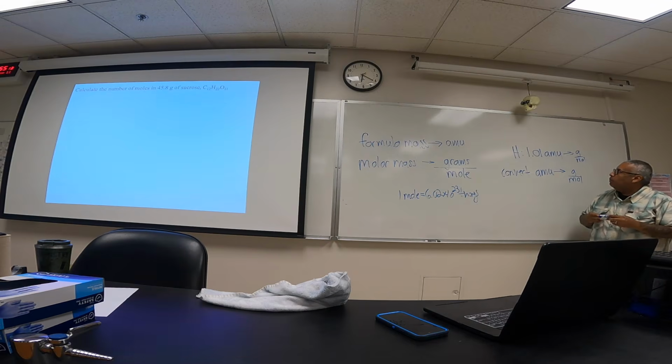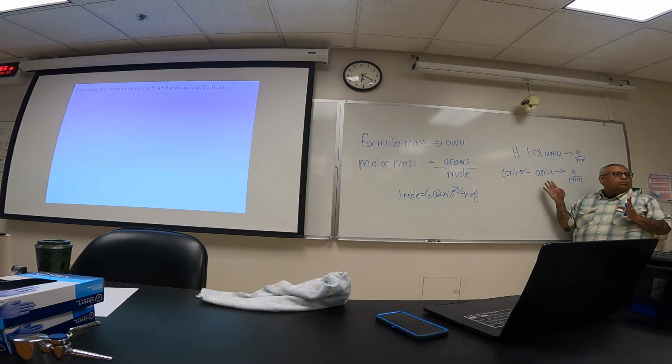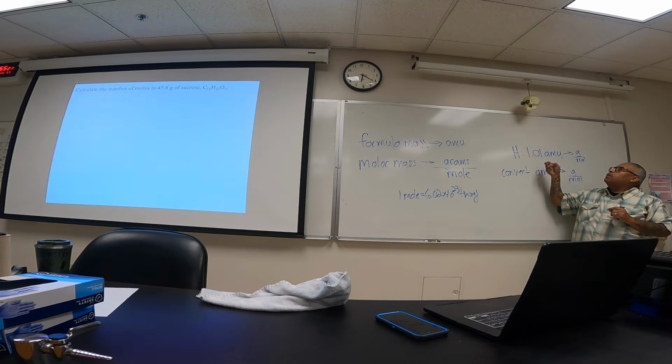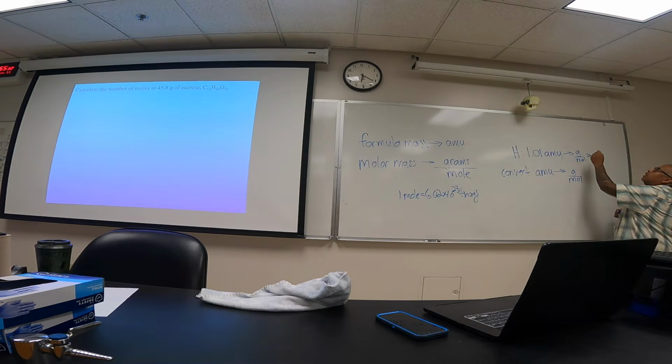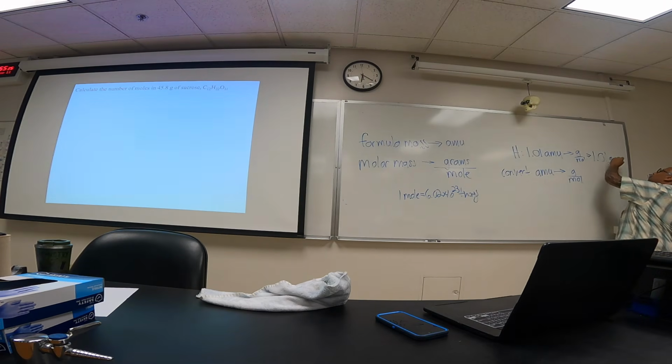So 1.01, we have 1 proton, no neutrons, 1 electron, and the mass of the proton divided by the cube root of the electron is going to equal, carry the 1, I don't have my calculator, 1.01 grams per mole. Did we get that? I'm just throwing out a lot of made up numbers. Doesn't mean anything, right? Very simple conversion. It's just a 1-to-1 conversion. If I have 1.01 AMU, I have 1.01 grams per mole.